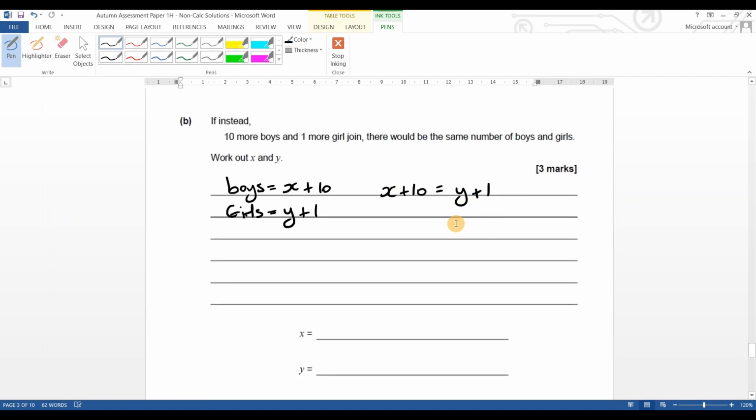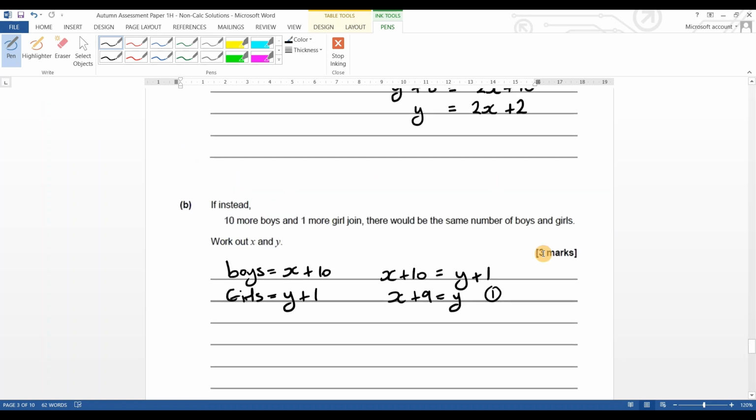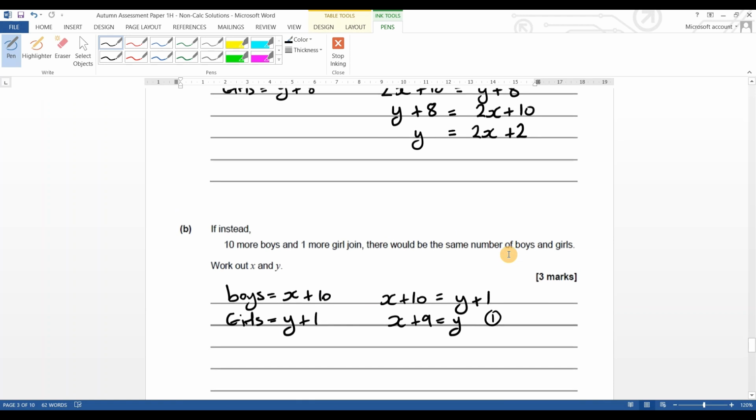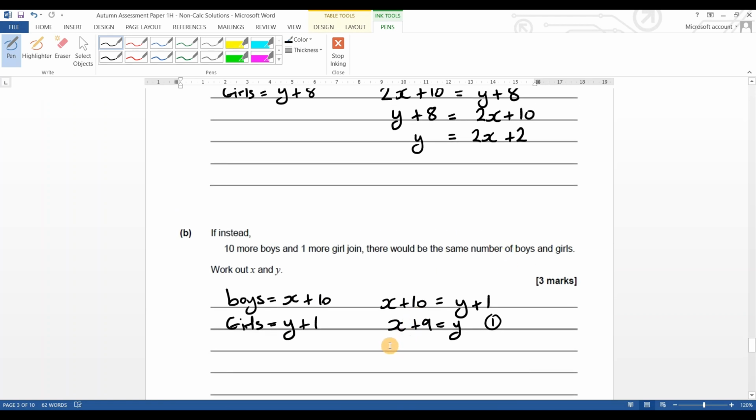So I'm going to minus 1 from both sides. So I'm going to get x plus 9 equals y. Okay, let's call this equation 1. And I've got the other equation from part A, which is this one, y equals 2x plus 2. Let's call that equation 2.